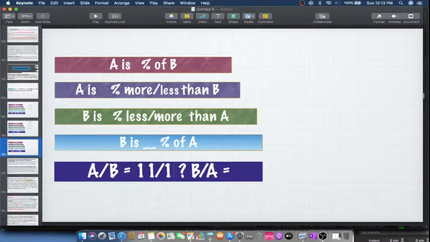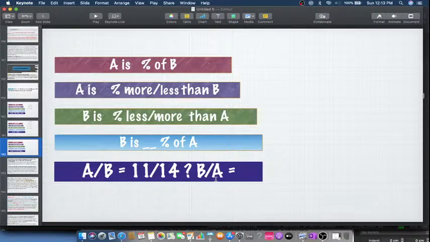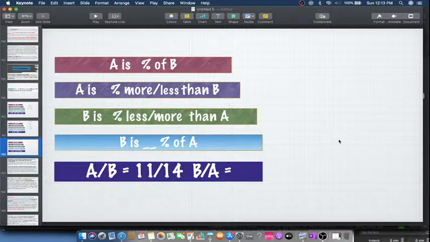11 by 14. A by B is 11 by 14. Give me all the percentage relationships.